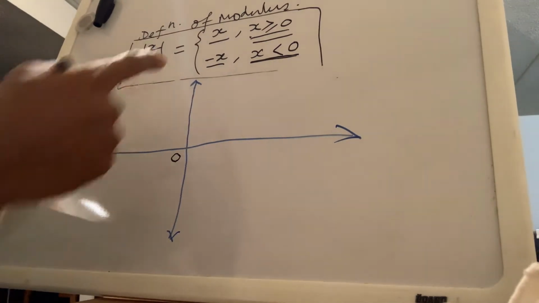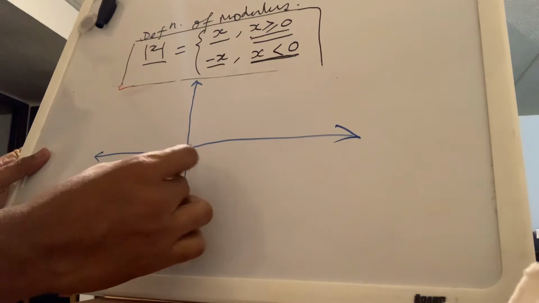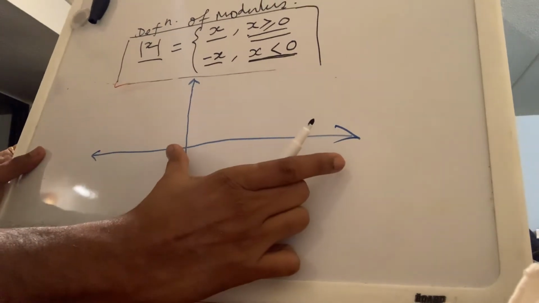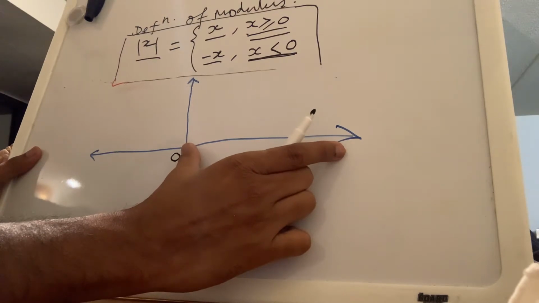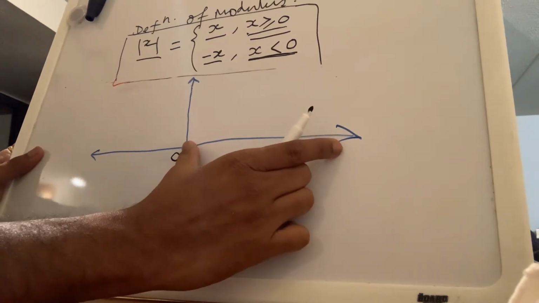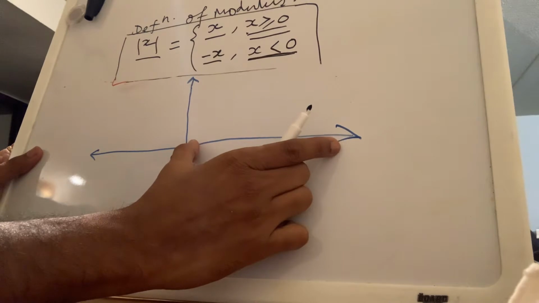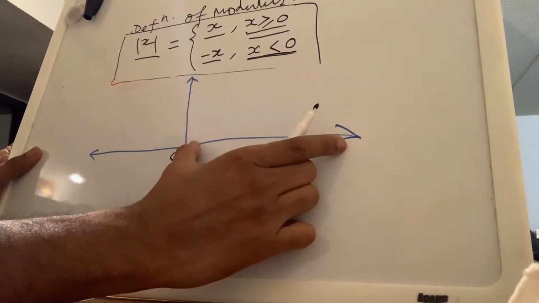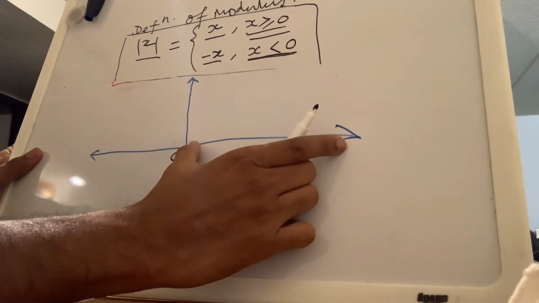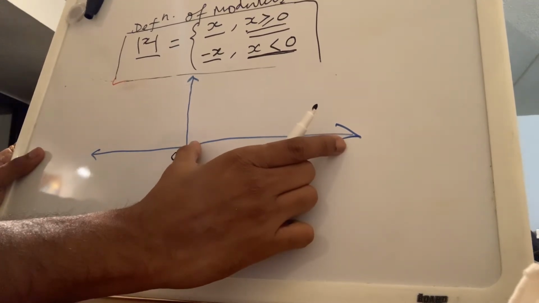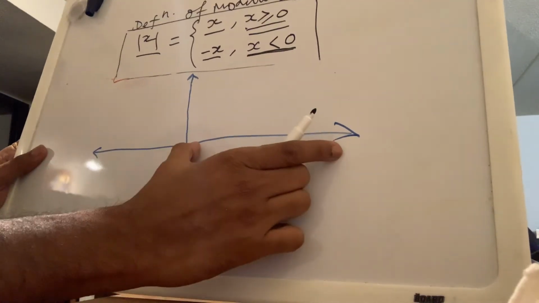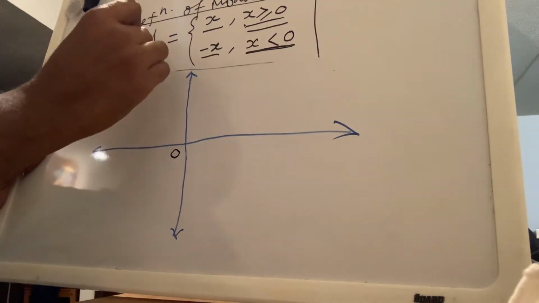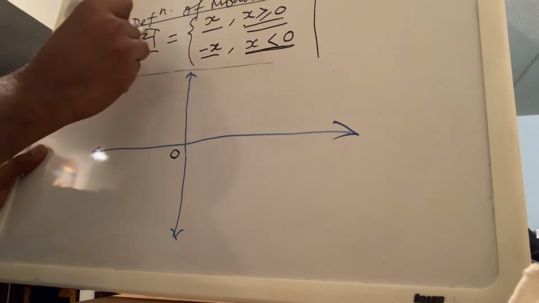So for this area, x greater than 0, we are considering this portion of the line. For any value starting from 0 until infinity, x is positive, and for example, this is modulus of x.